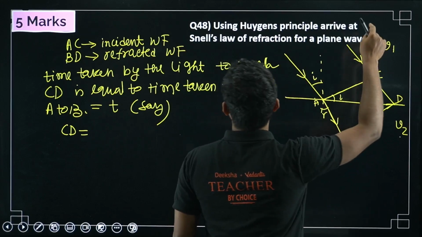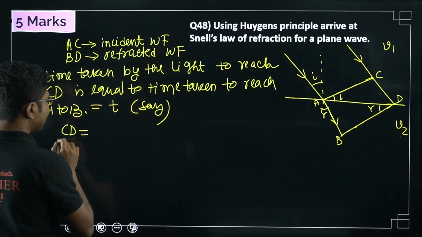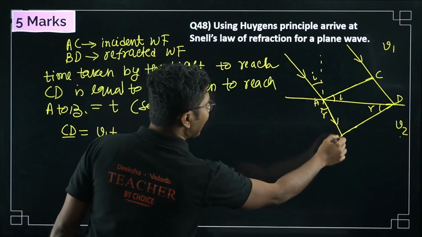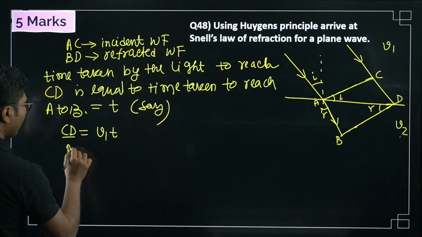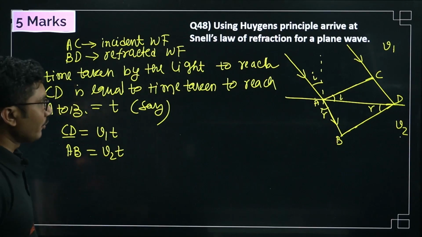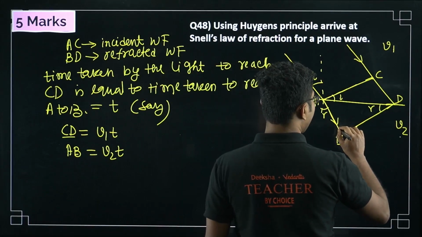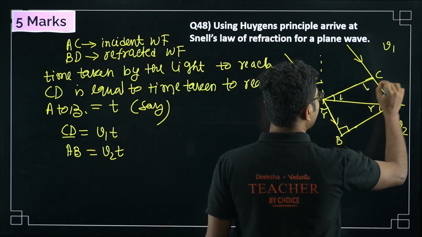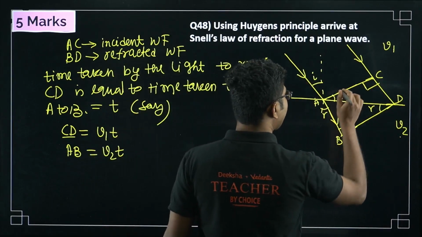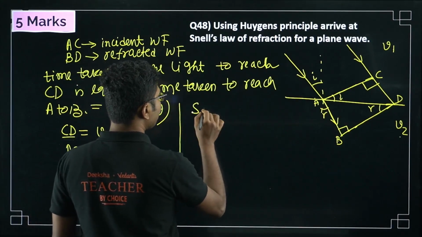Speed is V1 and time is T. So CD is basically V1 into T, whereas AB is equal to V2 into T. Okay, simple. Now also you have to remember that this is a wavefront, means these angles are 90 degrees. These angles are 90 degrees. Now what do you have to do? You have to find sin I and sin R, because Snell's law talks about the ratios of these two angles.